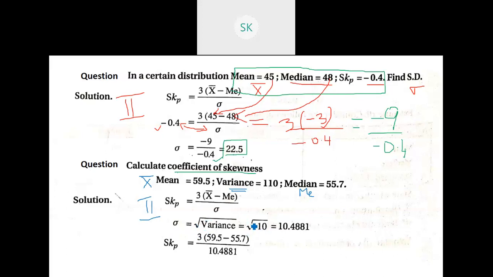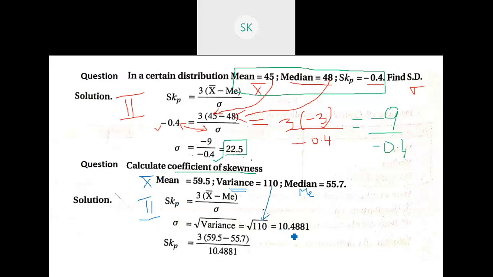That is, square root of variance is 110. Students, kindly mute your mics. Okay, so square root of 110 will be 10.4881. Okay, 10.4881 will be the value of standard deviation.